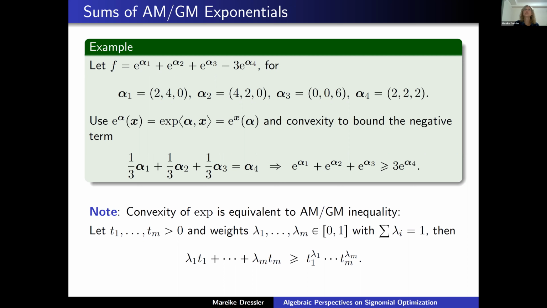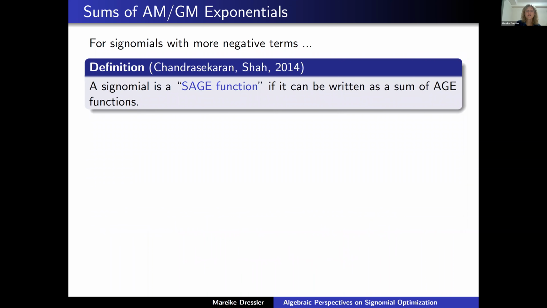Okay, so now we know how to handle situations of Signomials with at most one negative term. What do I do when I have more negative terms? I just try to write the Signomial as a sum of Signomials with at most one negative term. So to say, I try to write this Signomial as a sum of H functions, and such a Signomial is then called an SH function.